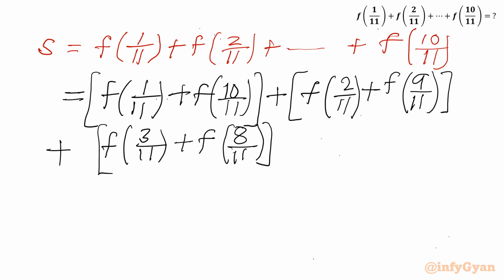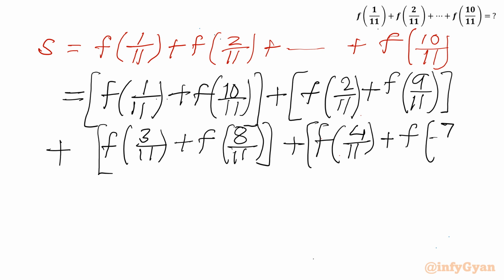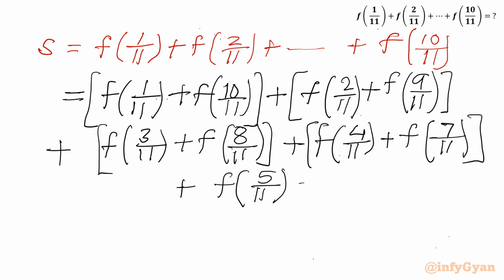Similarly, f of 4 over 11 plus f of 7 over 11. And the last combination will be f of 5 over 11 plus f of 6 over 11.